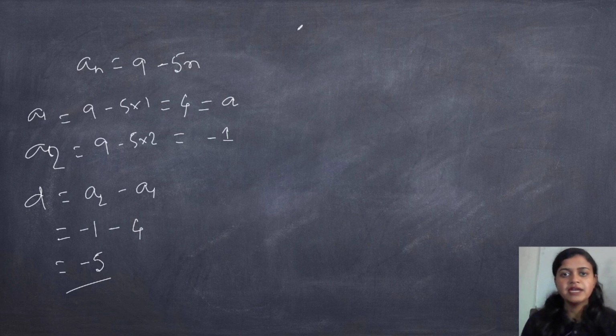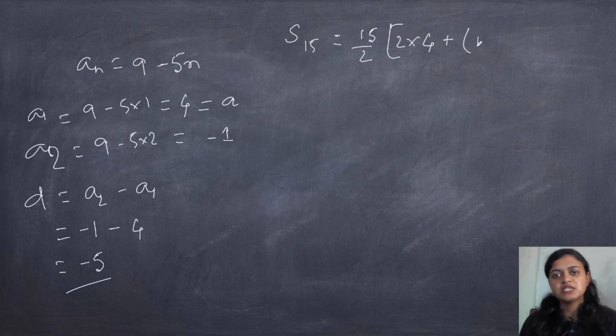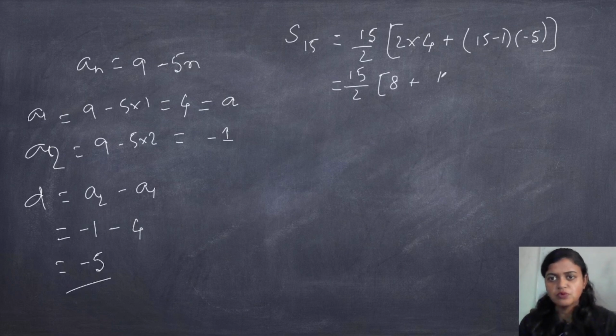So now we'll find S15 in this case. So 15 by 2 into 2A, A means 4, plus n minus 1 into D, minus 5. So 15 by 2 into 8 plus 14 into minus 5. 8 minus 70, right?